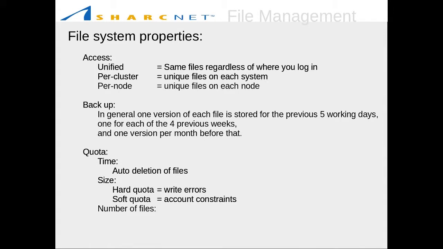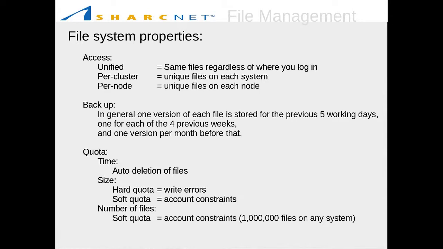Another form of a quota is the number of files. So the file systems that are used in compute can be affected by the number of files within directories. And to encourage fewer large files rather than many tiny files, constraints have been implemented in terms of a quota on the number of files.